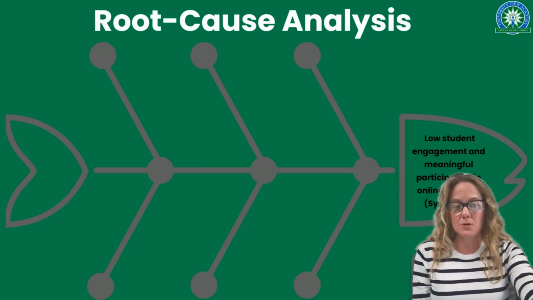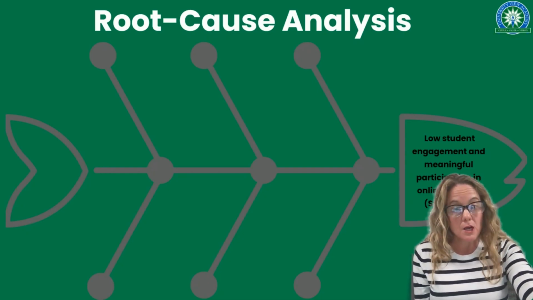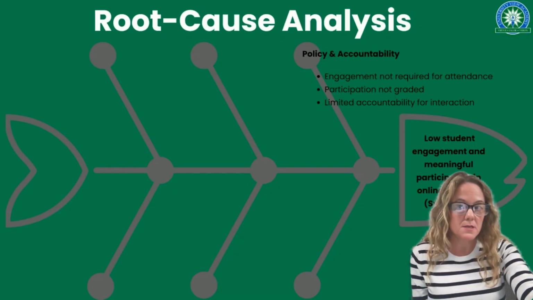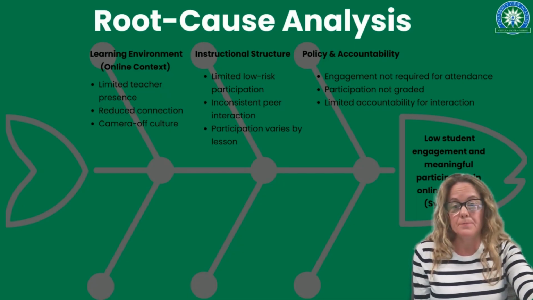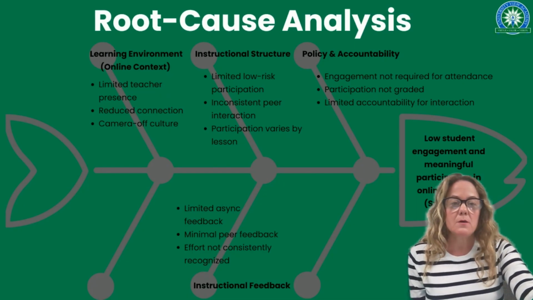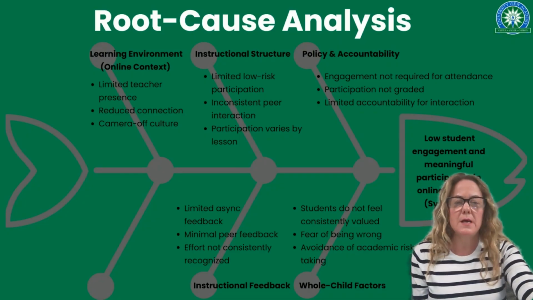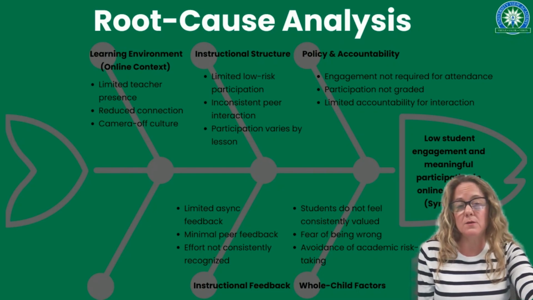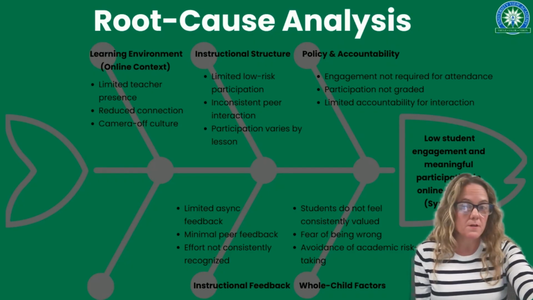So from this perspective, low engagement is the symptom, and some of the underlying causes include policy and accountability constraints, challenges with the online learning environment, limited feedback or recognition of effort, and then whole child factors also play a role here, such as students not consistently feeling seen or valued, or even students just being hesitant to participate because they're afraid of being wrong.